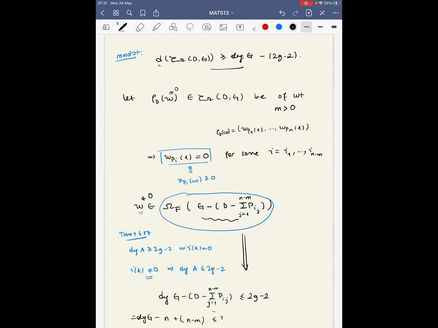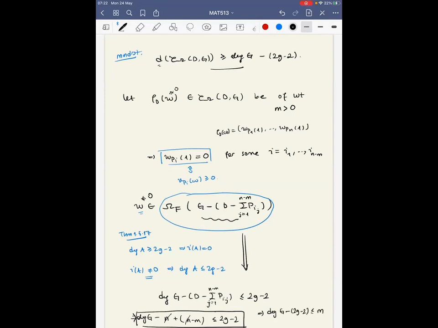And indeed, this inequality shows us what we want to show, because by the cancellation of n and by replacing the m and 2g minus 2, we can see that degree G minus 2g minus 2 is less than or equal to m.